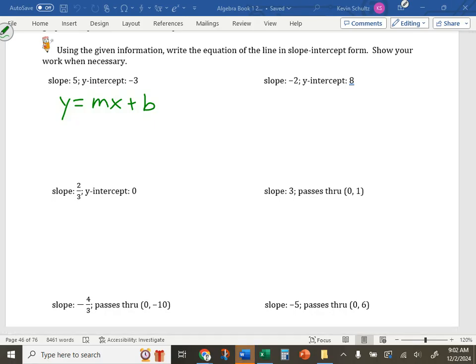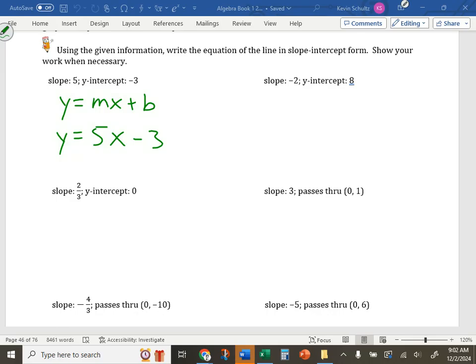The slope is 5. What variable is that 5 going for there? The m, right? The y-intercept is negative 3. What variable does that go in for? The b. Y equals 5x minus 3 is your answer.